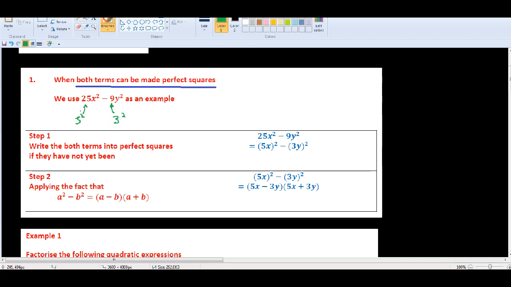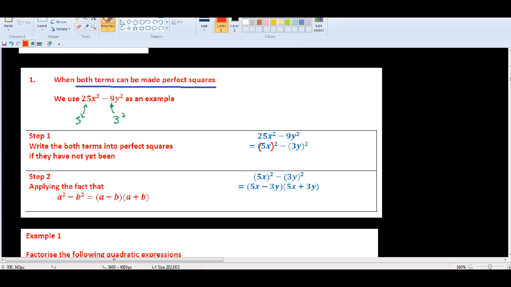So if you got things like this, step 1, write both terms as perfect squares if they have not yet been. For example, 25x squared, you need to rewrite it as bracket 5x squared. Remember that the bracket is necessary. Without that bracket, it's a different string.